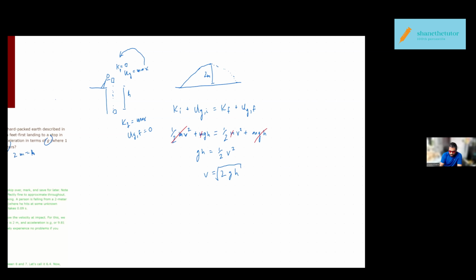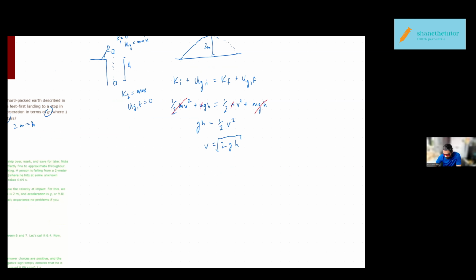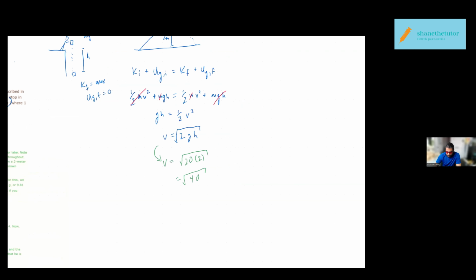So, okay, let's plug in our values for this. This will be the square root of 2 times g, I'm just going to turn g into 10. And then the height is 2, so multiplied by 2. So that's the square root of 40. Now, how can we find a square root of a number that isn't a perfect square? Well, let's see what squares it's in between, right?